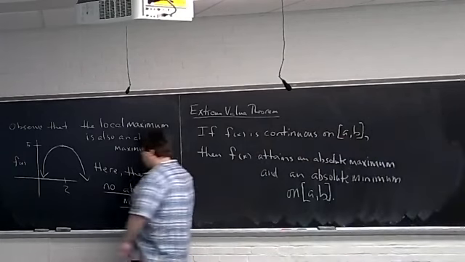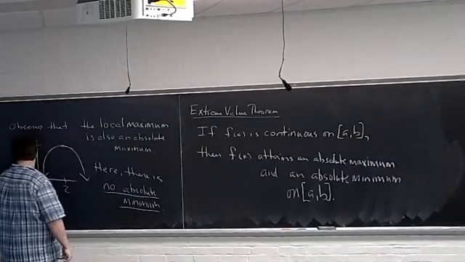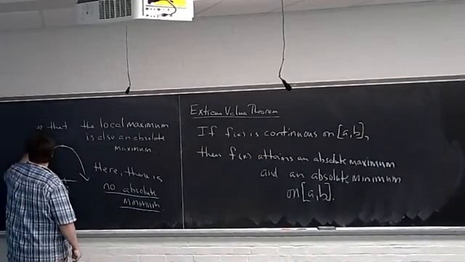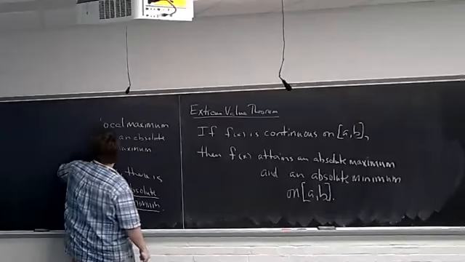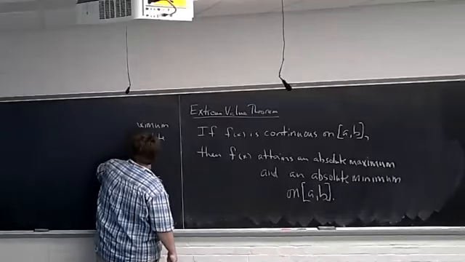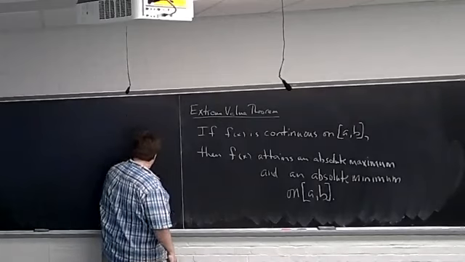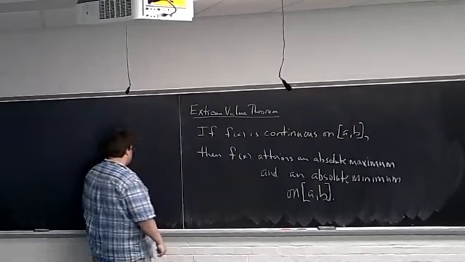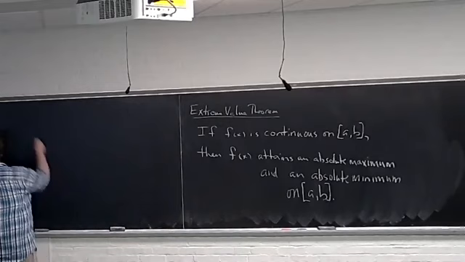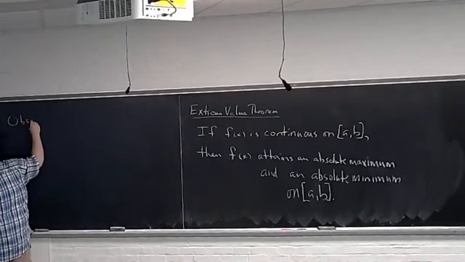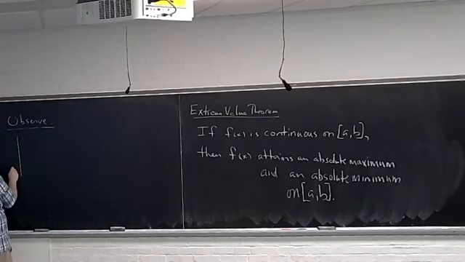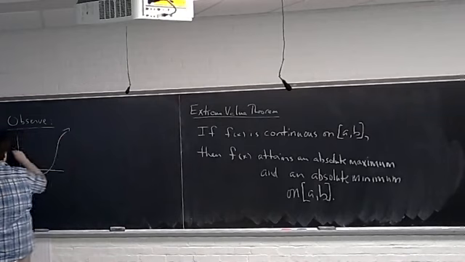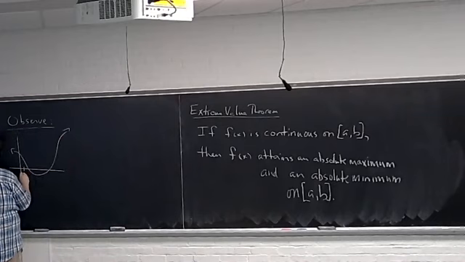Well, it could look like a few things, but the next two graphs can be used to figure out all of the different cases that this could look like. Observe. We're going to take two graphs. Let's make it look like this. Let's call A that value.